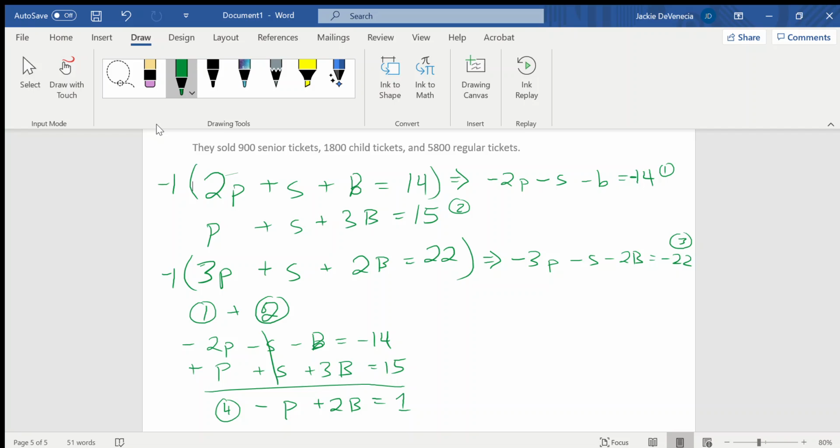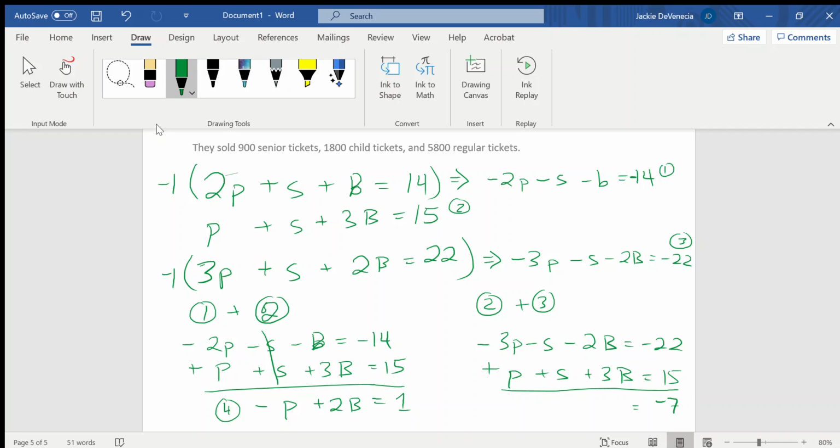Now we need to do the same thing with 2 plus 3. So I'm going to write that third equation again so that I can combine it with the second equation to get rid of the s. Okay, so then we have negative 22 plus 15, this is a negative 7.